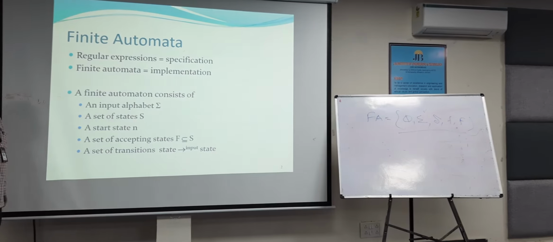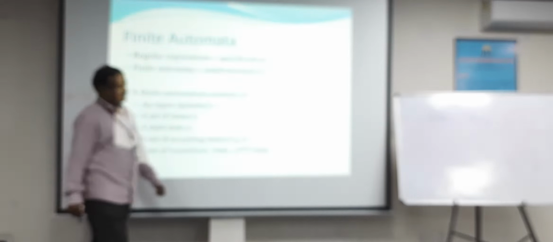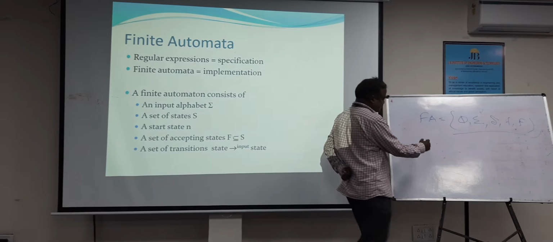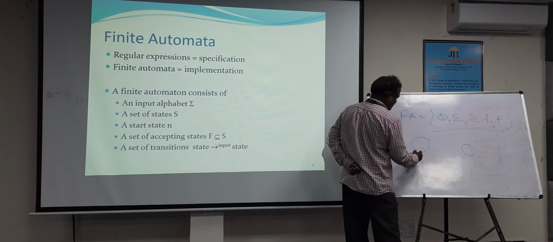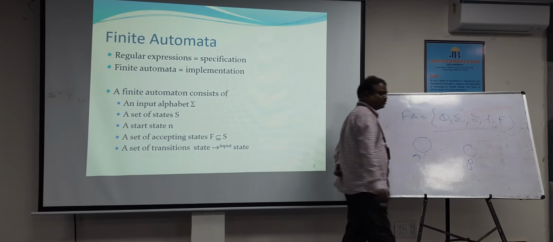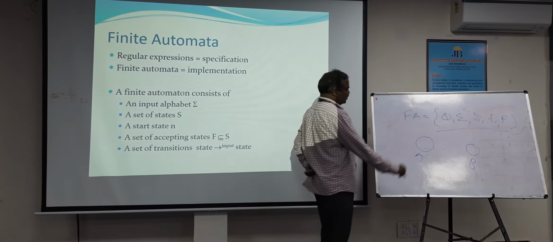Q is the number of states. How many states we are having? A state is a transition moving from one place to another place. A transition can have any number of states. So Q is states.